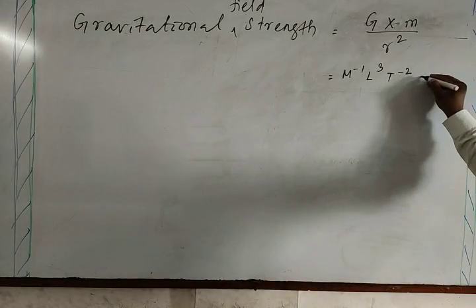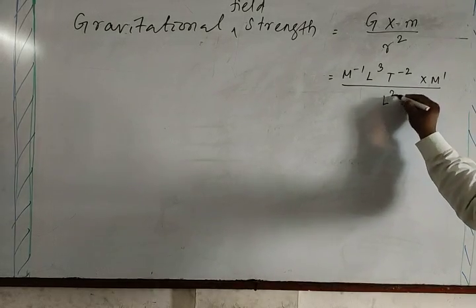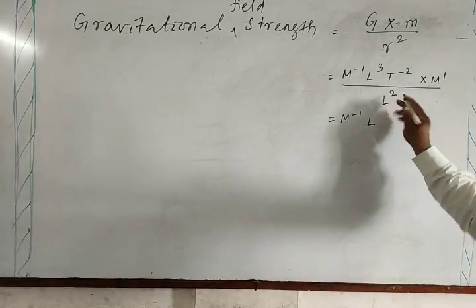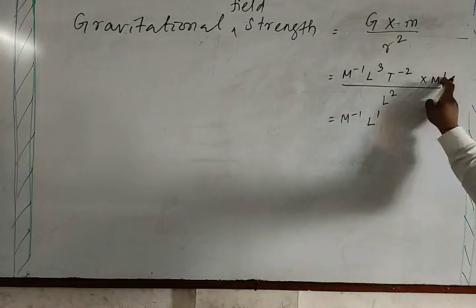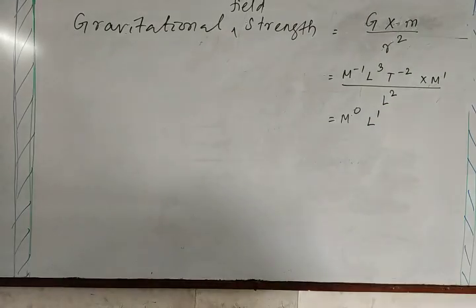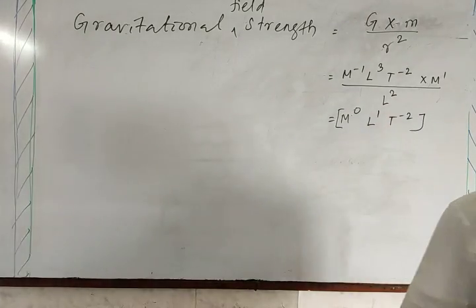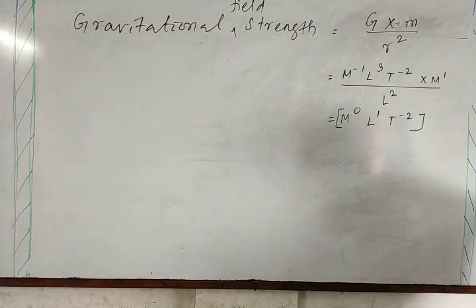Then for mass it is M1 and for r square it is L2. So if you put this in, M minus 1 plus 1 gives M0, L3 minus 2 gives L1, and T minus 2. So this is M0 L1 T minus 2.